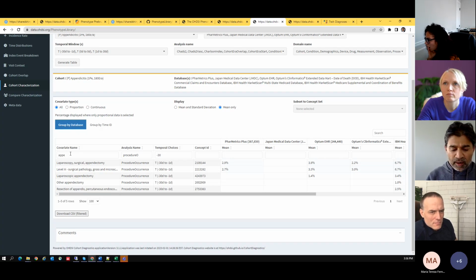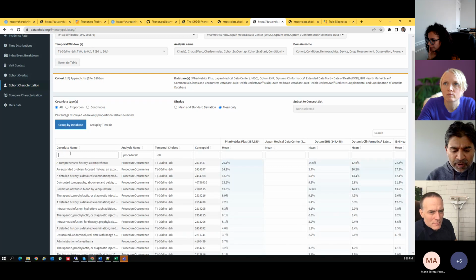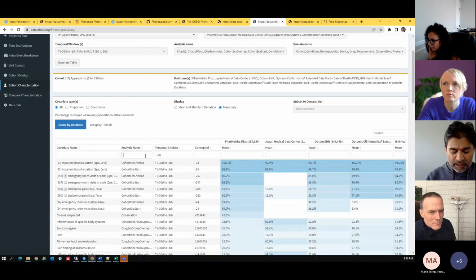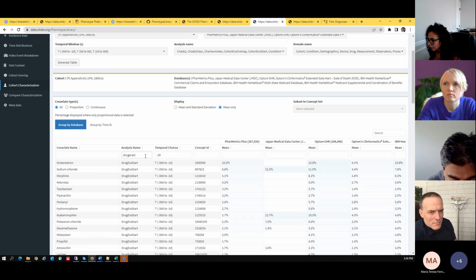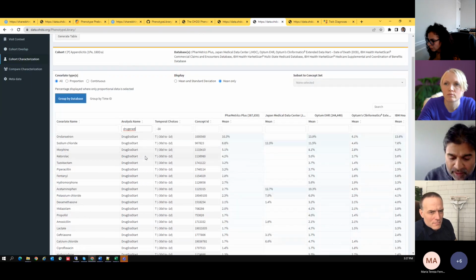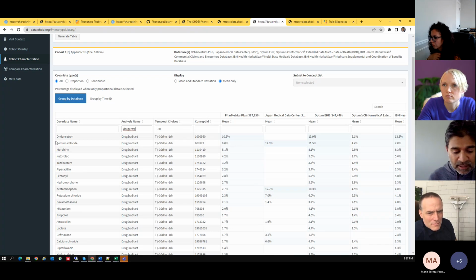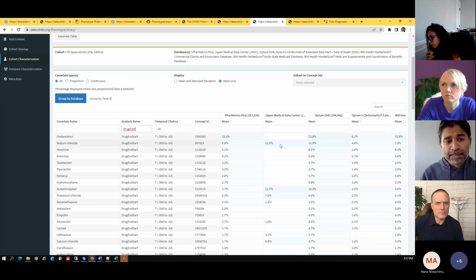Correct. Now, I would expect the antibiotics to be much higher because you could start the person on an antibiotic. Like here, we see Ondansetron, which is much higher, since it's given for nausea. Fluids are being given much more as well. So based on treatment, the index date misclassification could be 12%.